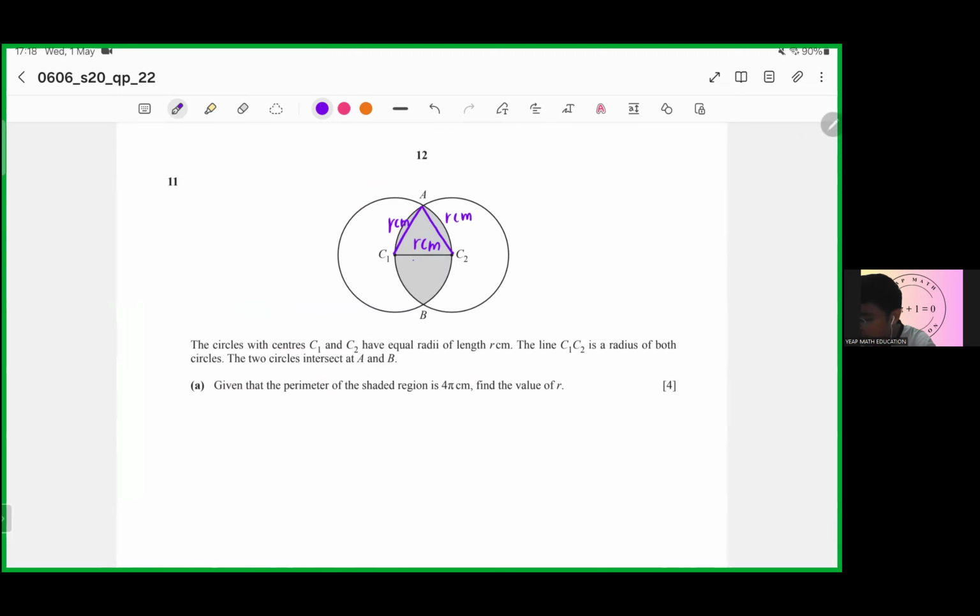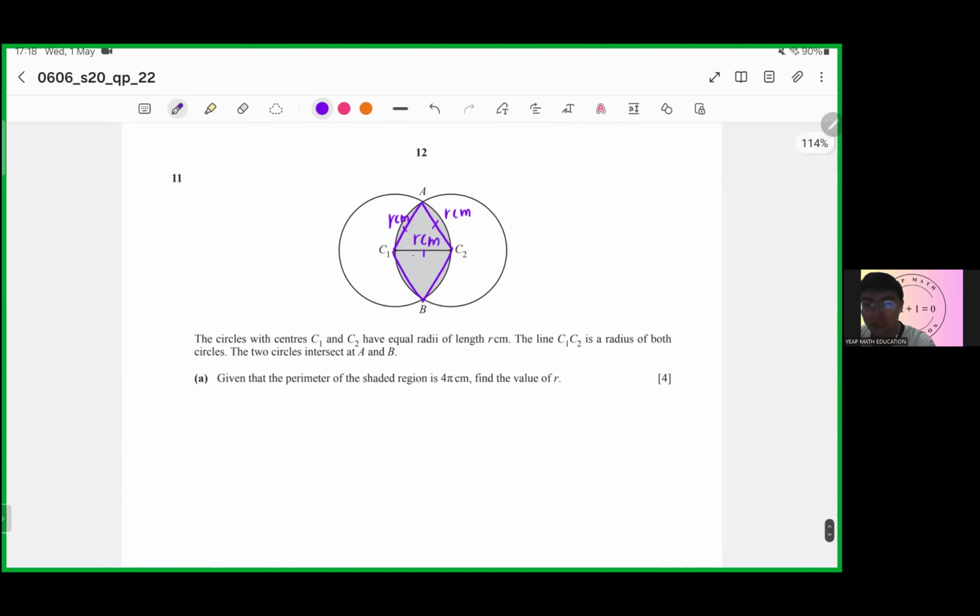But the line between C1 and C2 is also r cm. So you can see this triangle is like an equilateral triangle, where all the lengths are equal. Here is 60 degrees.